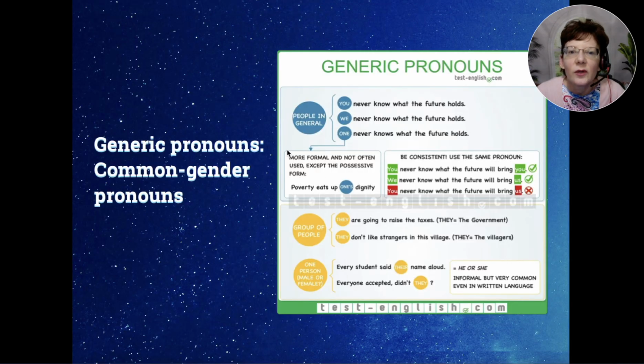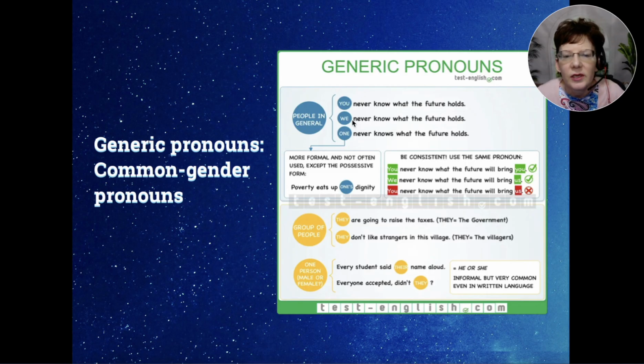All right, so we'll look at this chart briefly here about generic pronouns. First, I'll mention these talk about people in general. For example, we can use you, we, or one. You can say, you never know what the future holds.